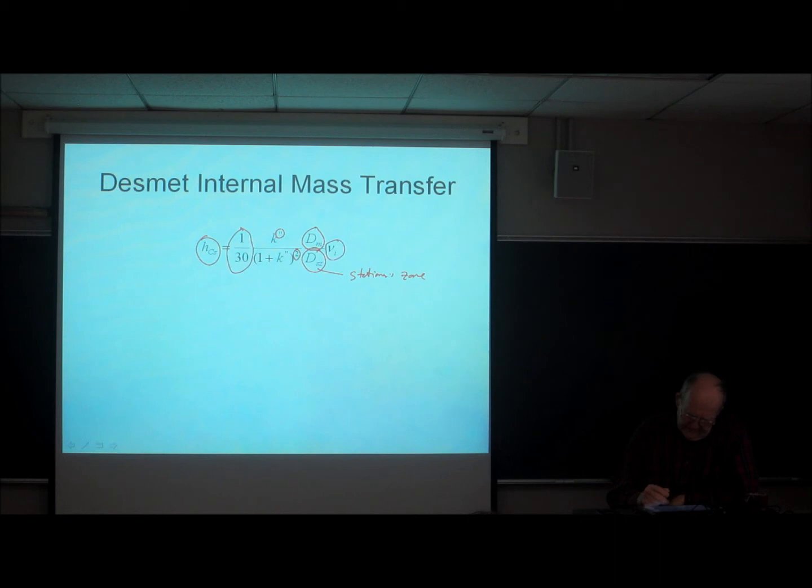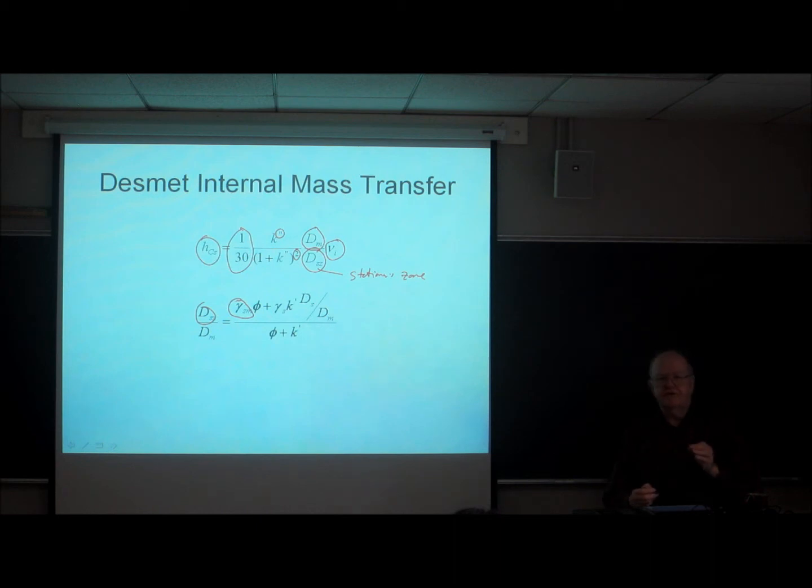And there's the good old reduced velocity again. Various people have derived the stationary zone diffusion coefficient, and it works out to be this equation. Here's the obstruction factor for diffusion in the stagnated mobile phase.